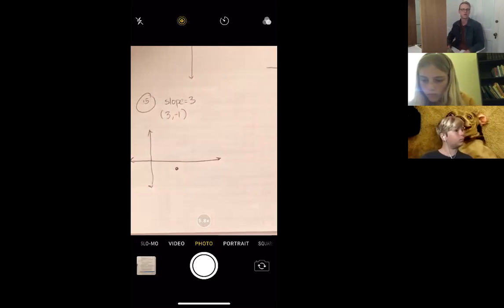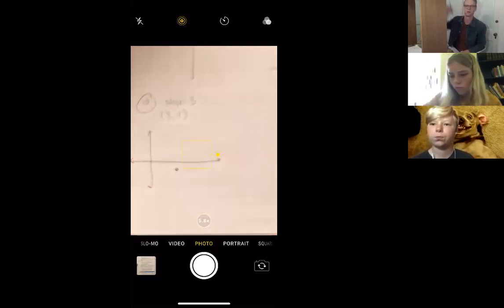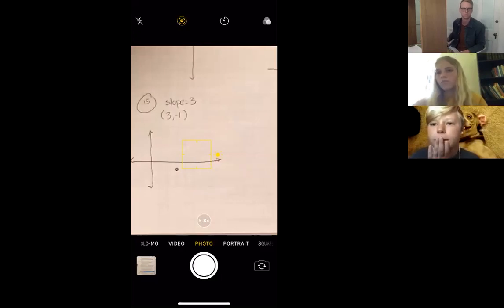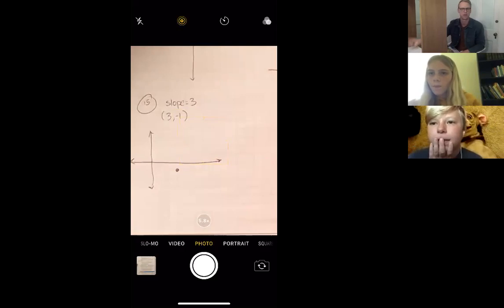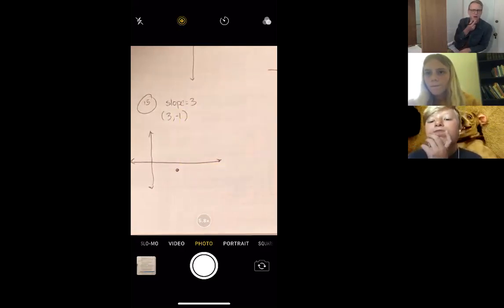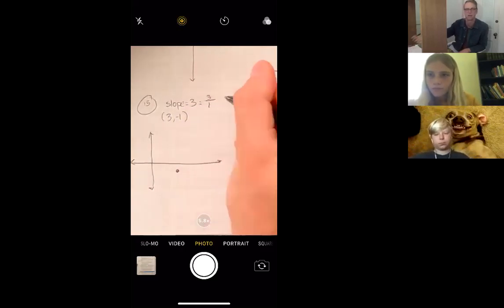All right, now that I've graphed the point, what do I do next? So this is tricky. If I have a slope that's just 3, it's hard to think of it as rise over run, right? So let's write it as a fraction. How do I write 3 as a fraction? 3/1. So there's my slope.